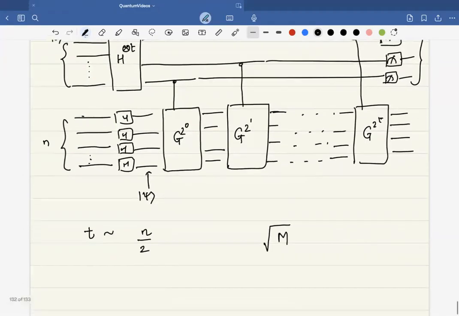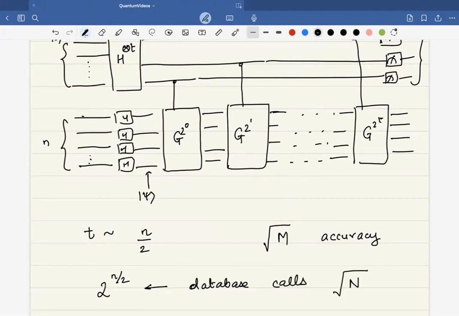And moreover, the number of Grover operators that get applied, which is the number of calls to the database, will be 2 to the n over 2. So this is accuracy, and this will be the database calls, which will be square root of n.